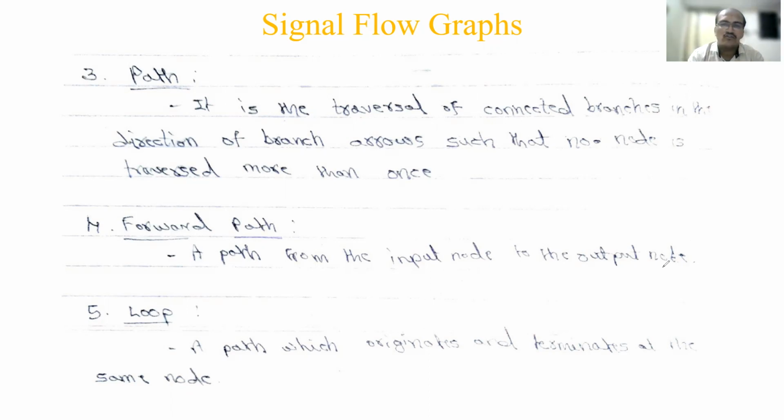And the loop is the feedback: a path which originates and terminates at the same node. So you have one node here and another node here, and it is coming back as feedback. This complete path we call a loop, because it traverses to this node and comes back to the same node.